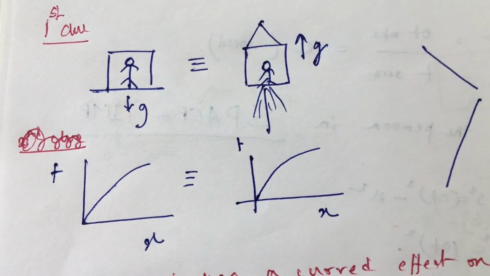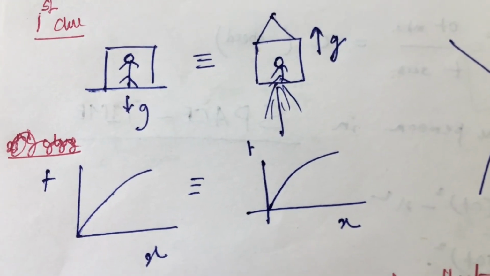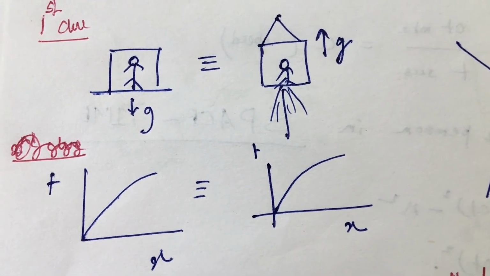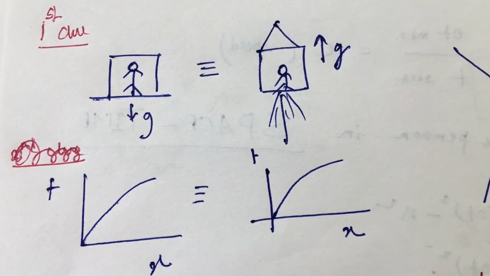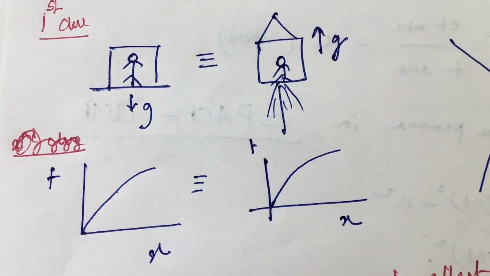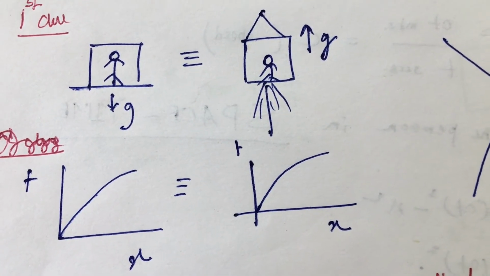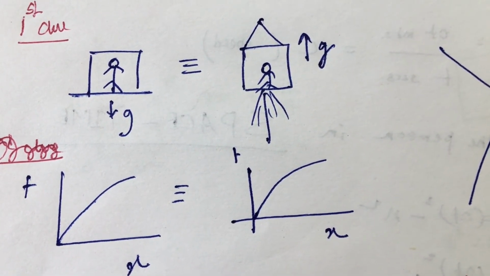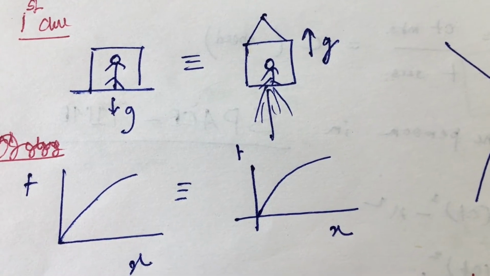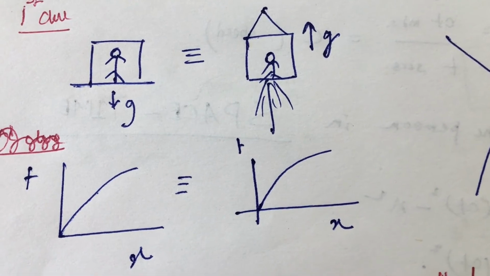Einstein said that if someone is standing on Earth experiencing the gravitational field, gravitational force of Earth, g, then that frame is equivalent to the observer inside a rocket, and that rocket is accelerating with an acceleration g.